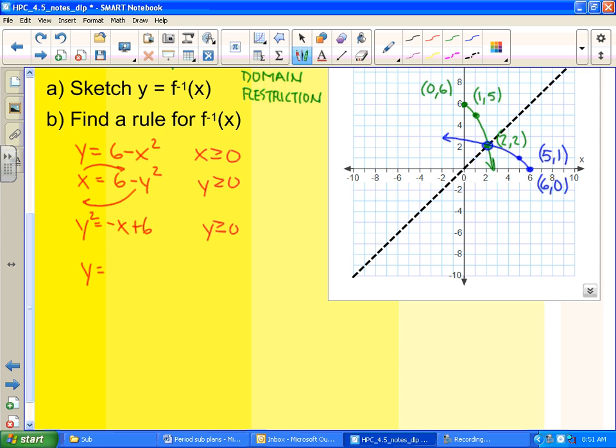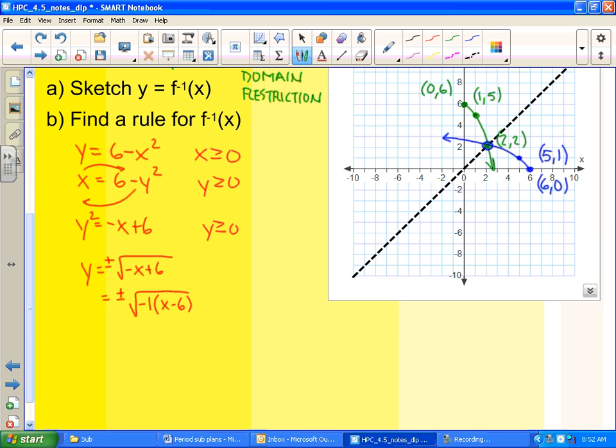So look what happens. When I take a square root, I get a plus or minus answer of the square root of negative x plus 6. And let me just rewrite this a little differently. Think about, yesterday we talked about horizontal stretches and shrinks. I'm going to pull a negative 1 out of this and have an x minus 6 left in here.